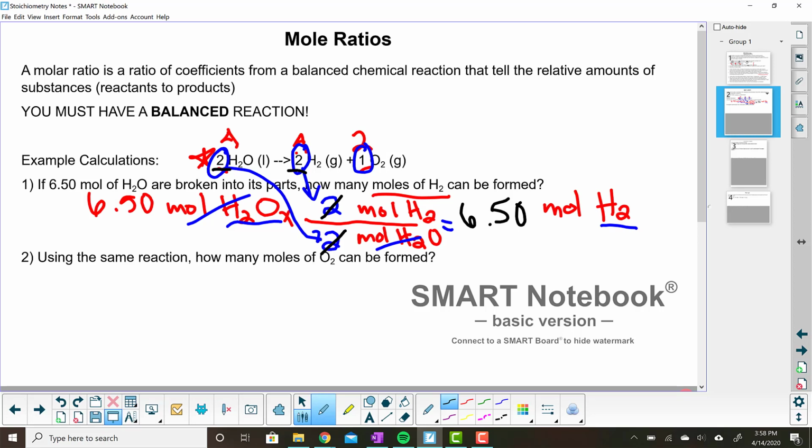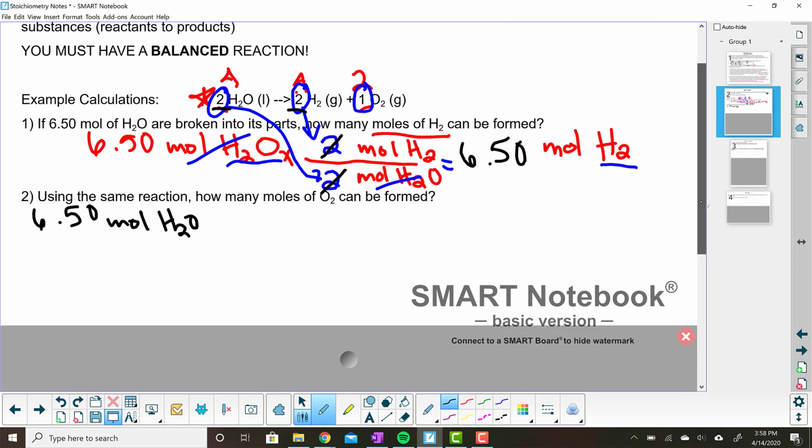That's not the case for oxygen. It says using the same reaction, how many moles of oxygen could be formed? Well, assuming that I'm starting with that same 6.50 moles of H2O, let's try converting that to moles of oxygen.